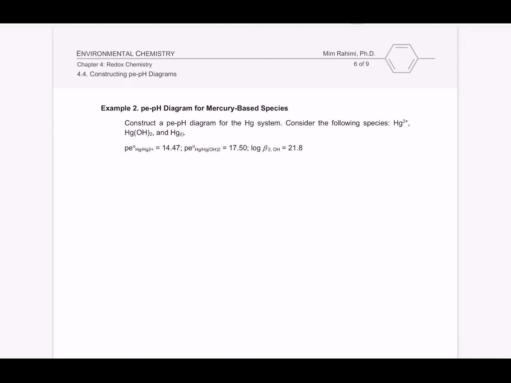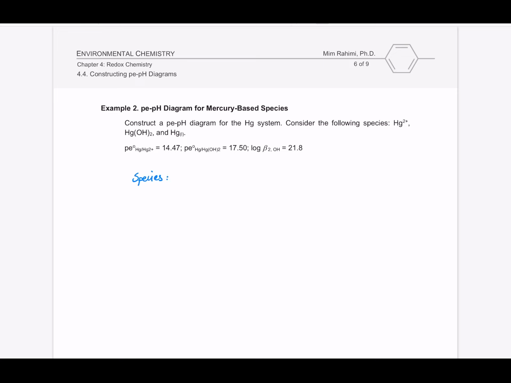So the second example is, in terms of the species, a little bit simpler. We have Hg2+, we have HgOH2, and then Hg liquid, mercury basically. So first, before looking at the constants that are given, let's see what kind of reactions we have.